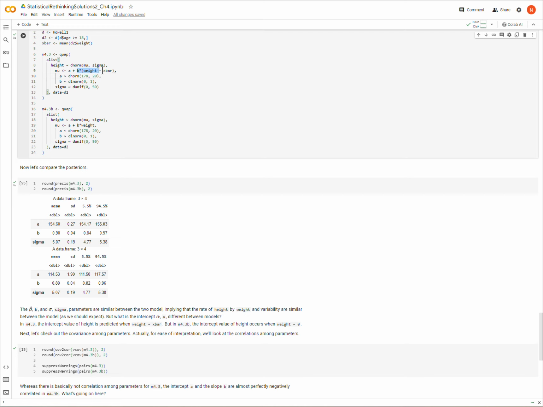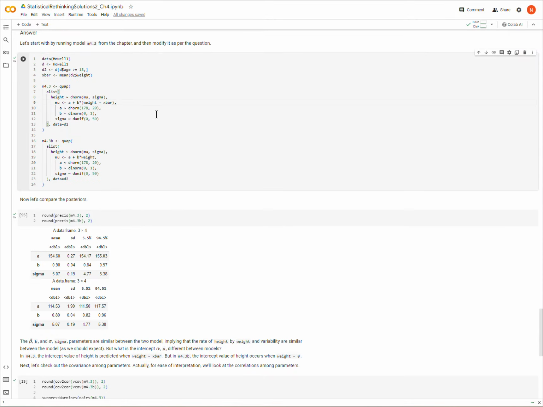In other words, this term equals 0 when weight equals the average weight, but here this term equals 0 when weight equals 0. So in other words, alpha is being pushed around by the product with B. That's what's happening there.